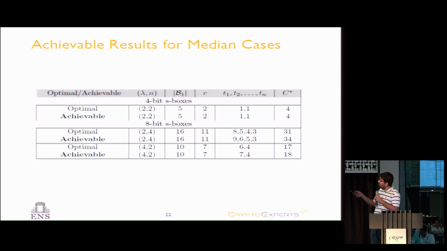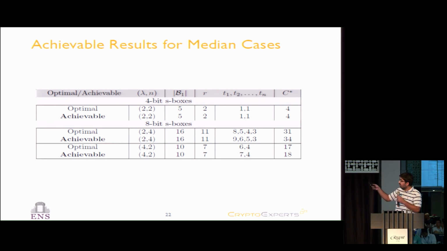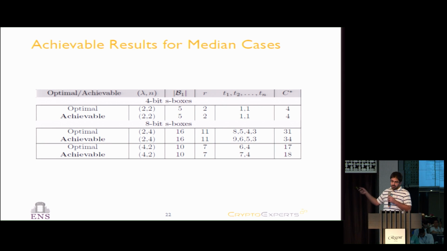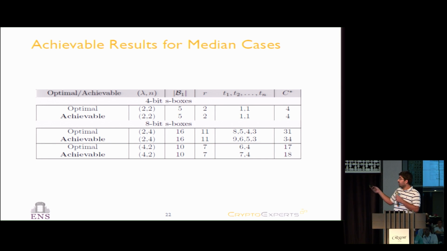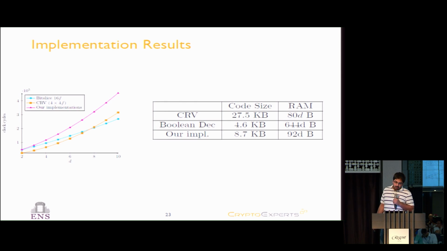For an 8-bit S-box, for the median case, where you have 4-bit elements and 2 inputs, you need an initial basis of 10 elements, so you have 7 multiplications to compute. The first coordinate function needs 7 multiplications, the second one 4, and at the end you have 18 multiplications, which is 1 above optimality.